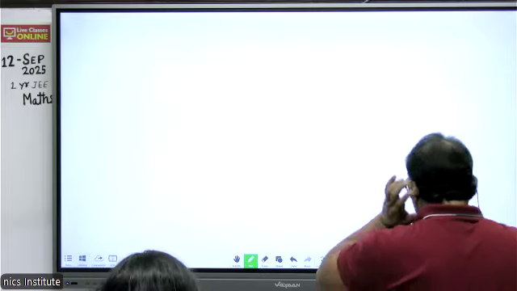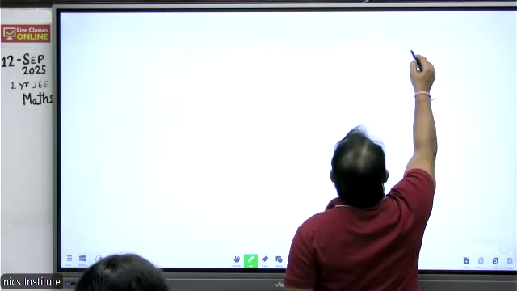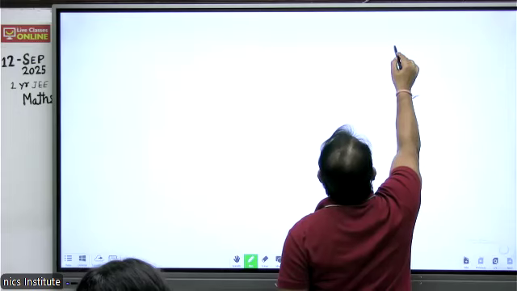Ok. So properties of definite integral we have already done, but one property was left, which is this.